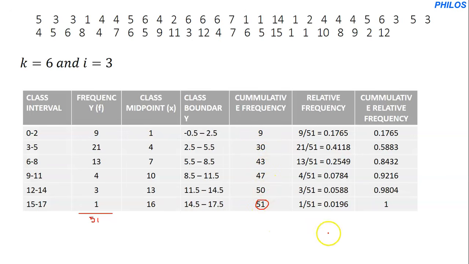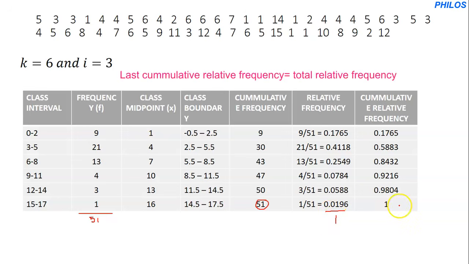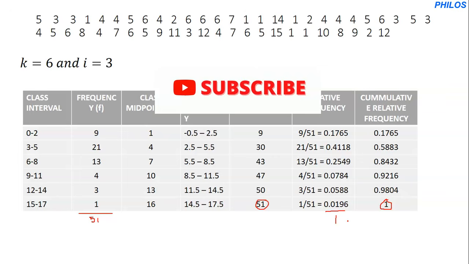It applies here too. You know, total relative frequency is 1, so you have to check if the last CRF is equal to the total relative frequency. I hope that's clear. So that's all I want you to know on this.